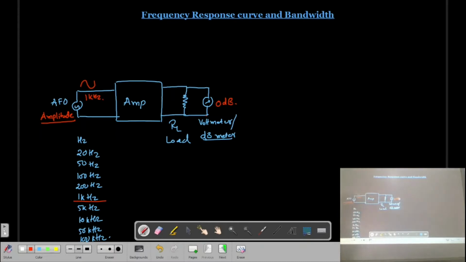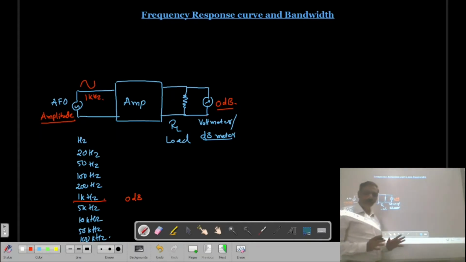Remember, you apply the 1 kilohertz frequency and set the amplitude of the input signal such that the output indicates 0 dB. So for 1 kilohertz, I will write that the power gain is 0 dB.